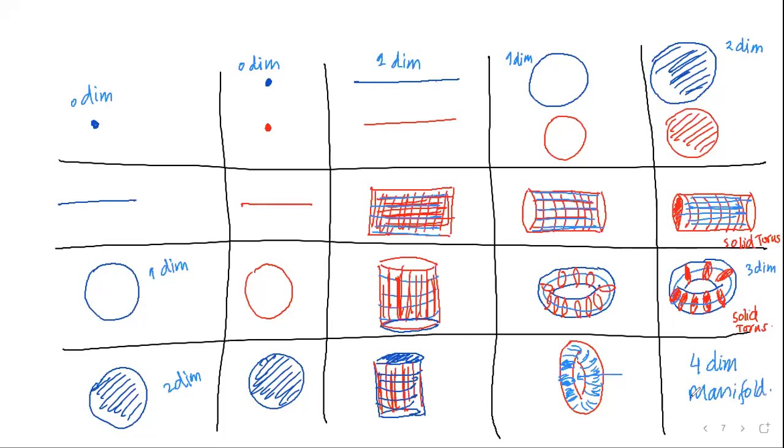Now a four-dimensional thing cannot be embedded or sitting in three-dimensional space. So a four-dimensional manifold will at least sit in R4 or above. So we cannot see the picture of this thing, because it's a four-dimensional thing.